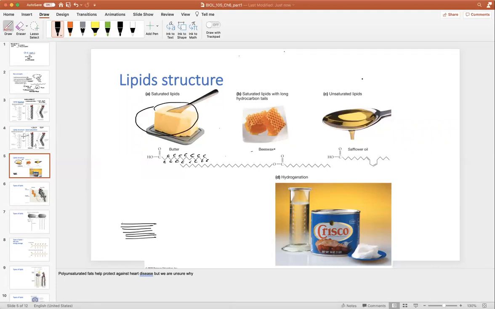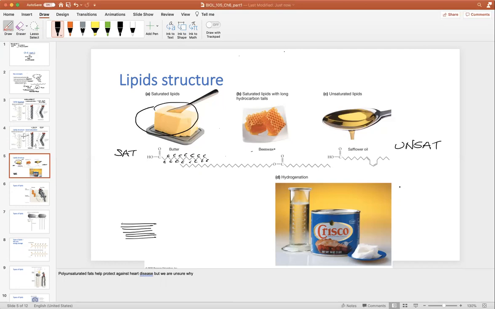Now let's switch over here to this oil situation. Here we have single carbon bonds, but look here, we've got a double bond, and then we come down and we've got a double bond. So this is a saturated situation, right? This is an unsaturated situation. So what happens with this unsaturated situation is it causes kinks.